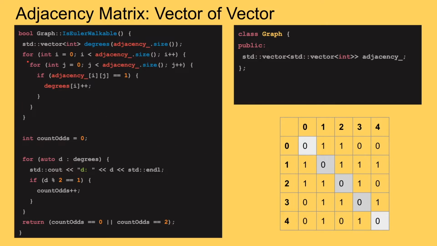To do that, I have two for loops. One goes through the rows, one through the columns, and each time I see a 1, I add 1 to the row number. That's what we do here. If the adjacency of i and j, being our indices of the for loops, is 1, then you can simply add to the degree of your row number. And then the rest is the same.